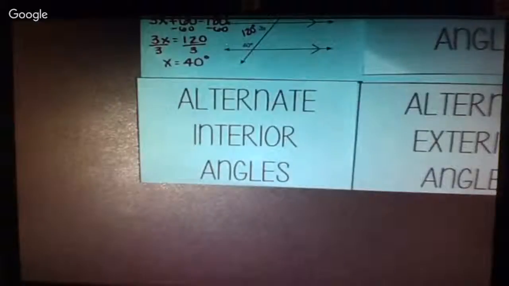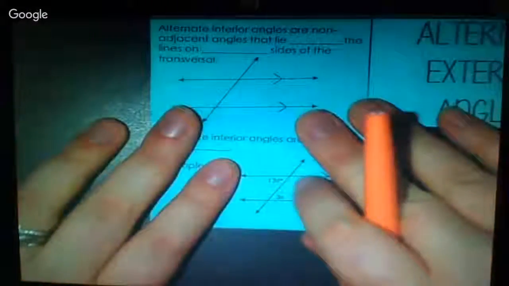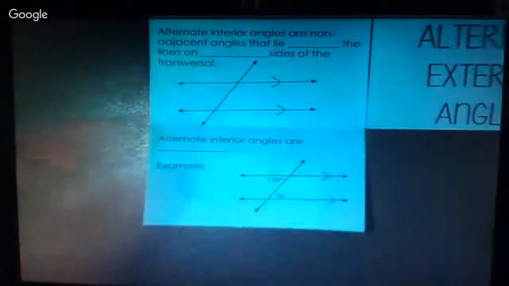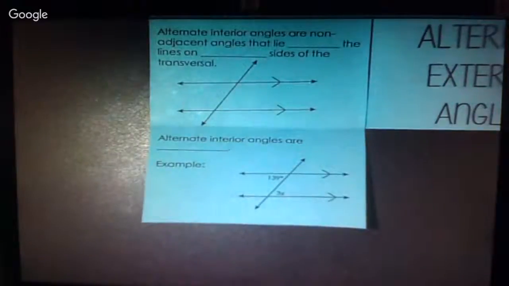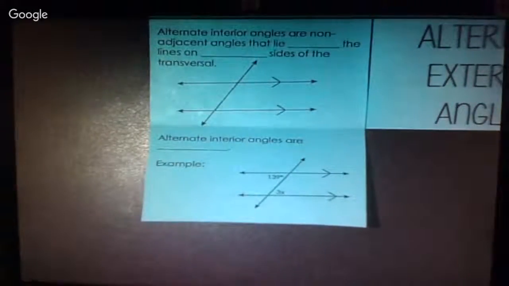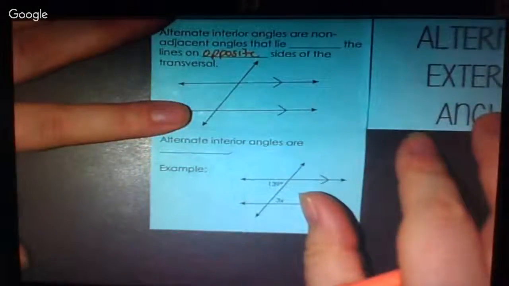Okay. Alternate interior angles. What do we know about alternate interior angles? What does alternate mean? Not on the same side. So they're on opposite sides of the transversal. So this blank here is opposite. If they're interior, so they're what?